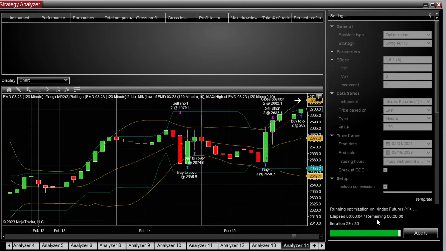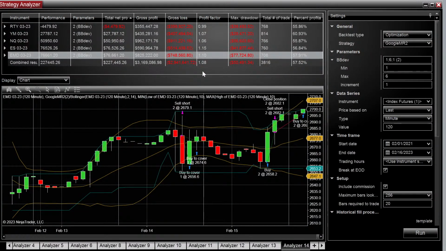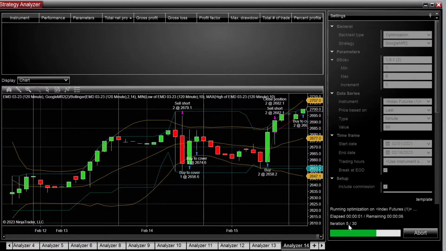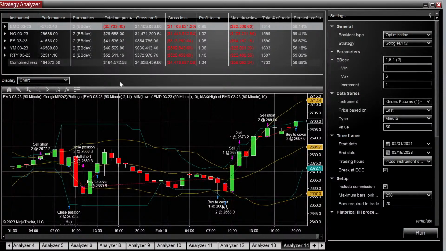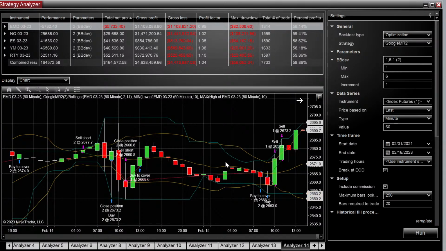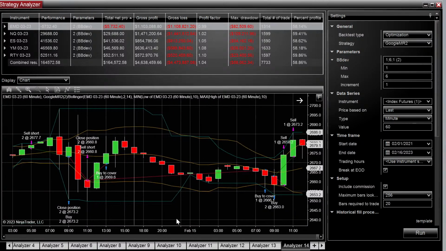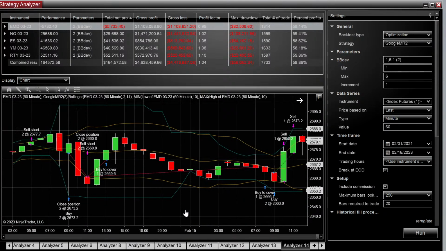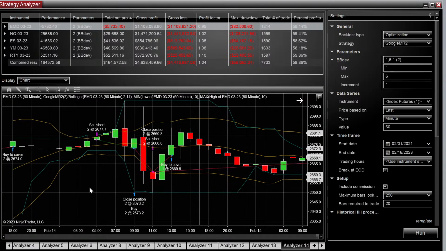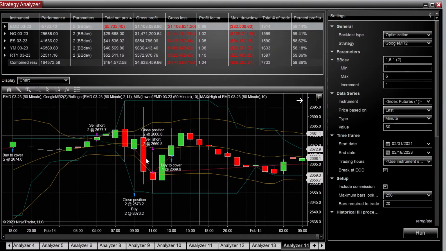Let's test on the 2 hour. Drawdowns are just too big. You can see when the bands are close together, it just looks like madness.